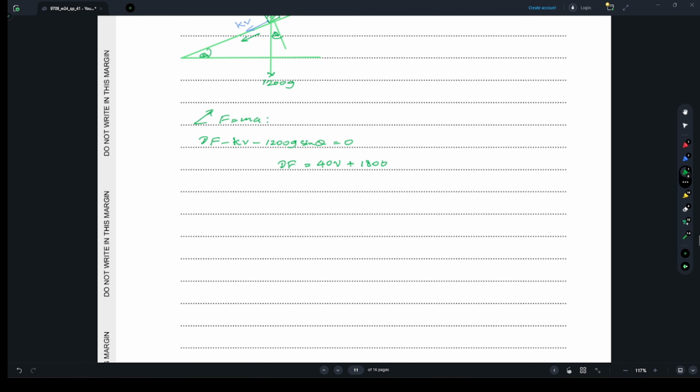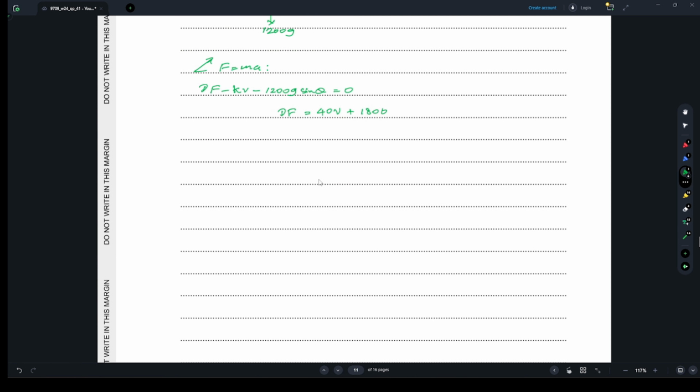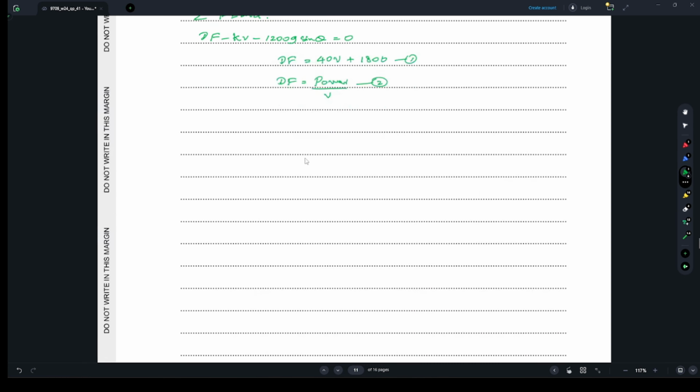Okay, let's keep this as equation 1, and also we can write this driving force is power over velocity. We will keep this one.